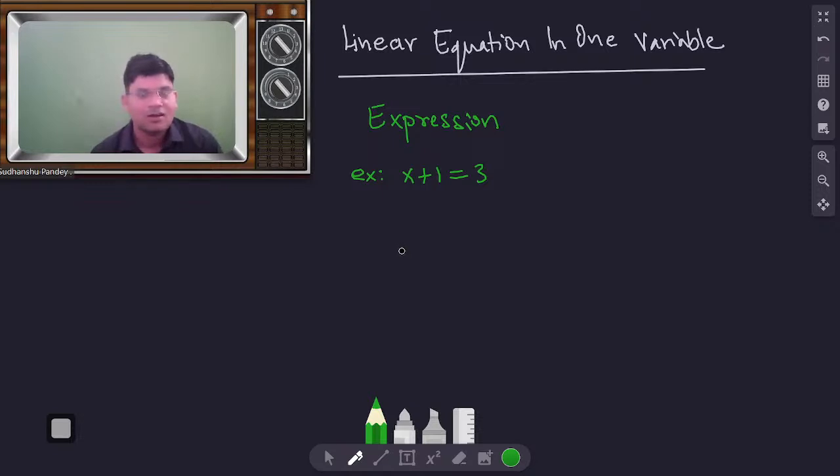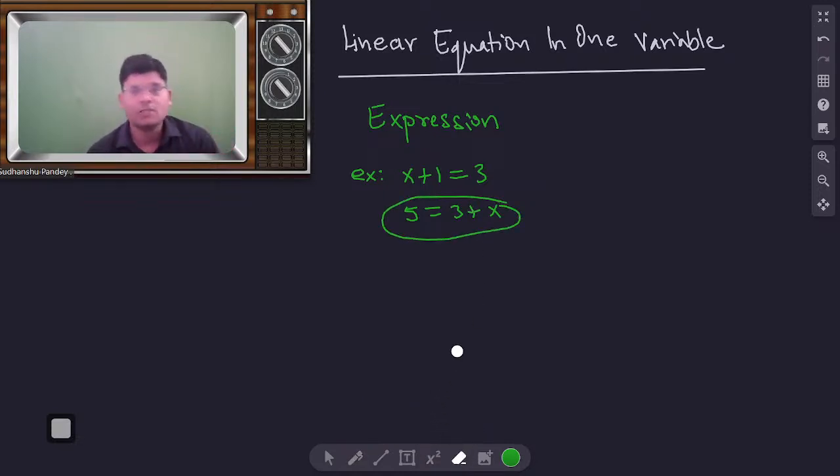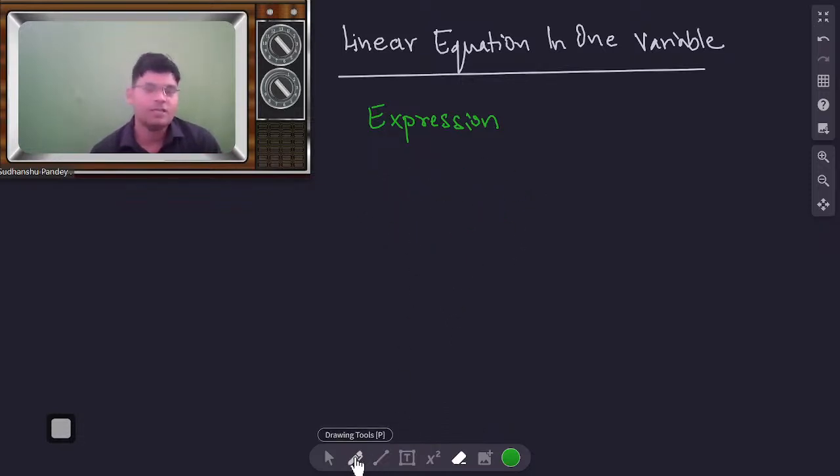Suddenly some call came, so the sound went off. I think of an expression 5 is equal to 3 plus x. Okay, so this is an expression. So both of you have some misunderstood concept of expression. We should correct it. So what is an expression?